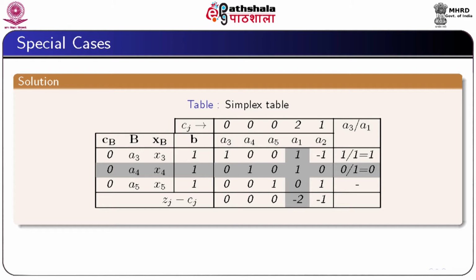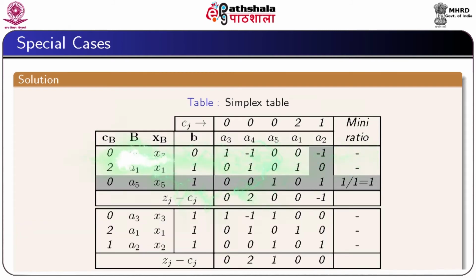Now, we proceed as usual and do computation for the next two iterations as shown in this slide. The last iteration shows that Zj minus Cj is greater than or equal to 0 for all j. Hence, the optimality condition has been satisfied and the optimal solution is x1 equal to 1 and x2 equal to 1, maximum value of z equal to 3.